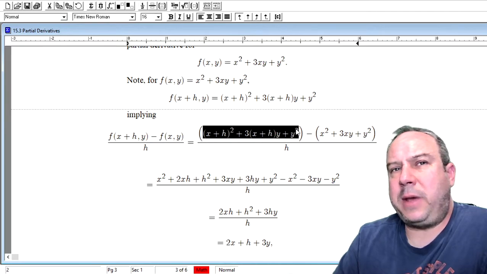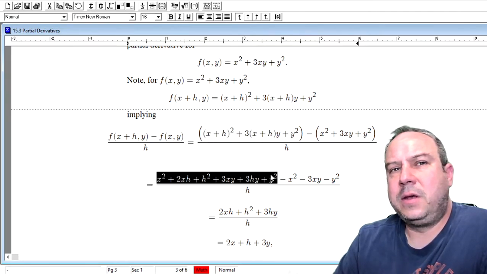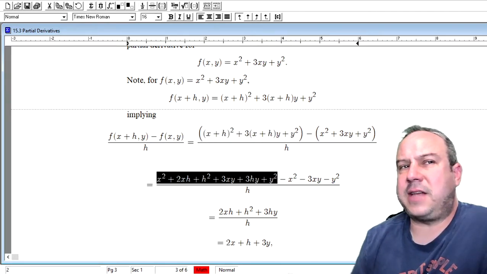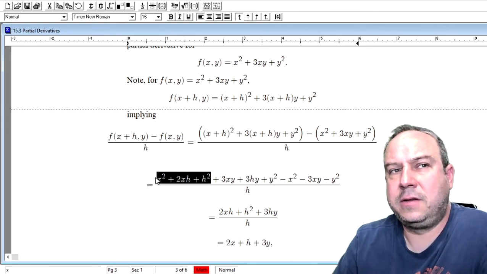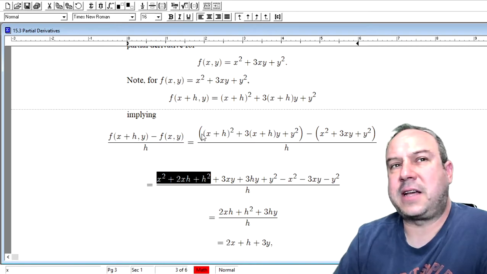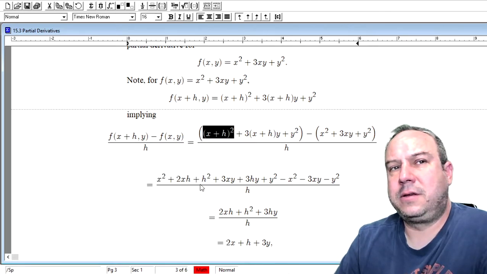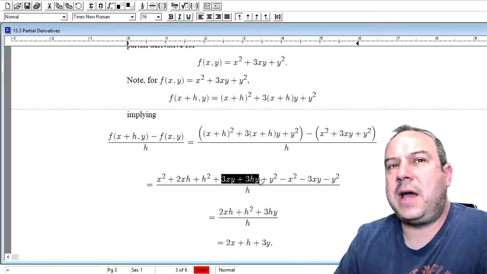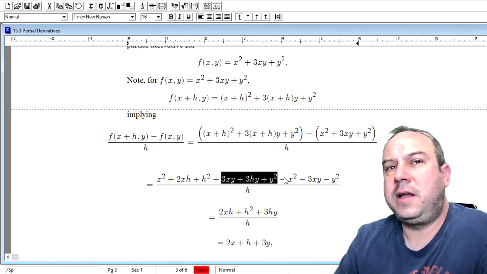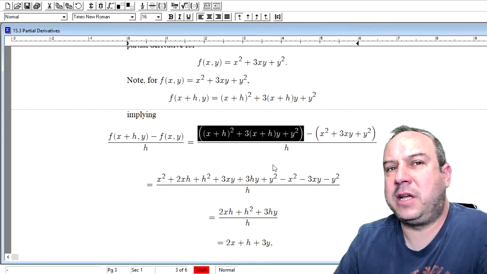When we expand this quantity, it will expand into this. x plus h squared becomes x squared plus 2xh plus h squared. 3 times x plus h times y becomes 3xy plus 3hy. And then we add on at the very end plus y squared.